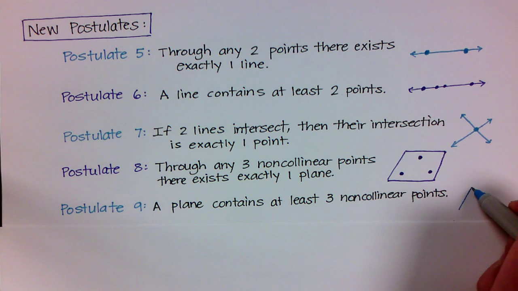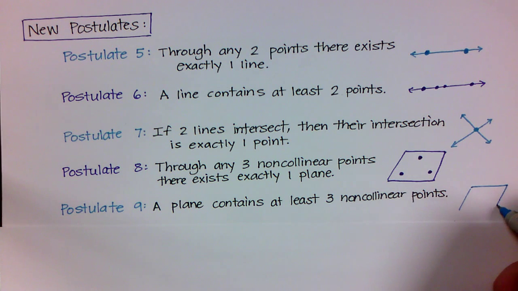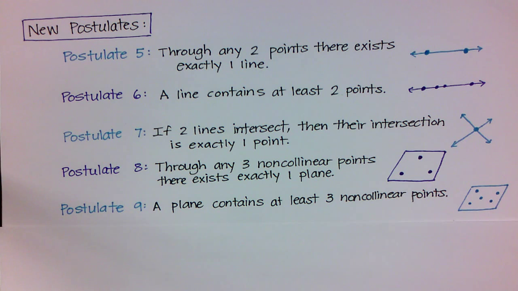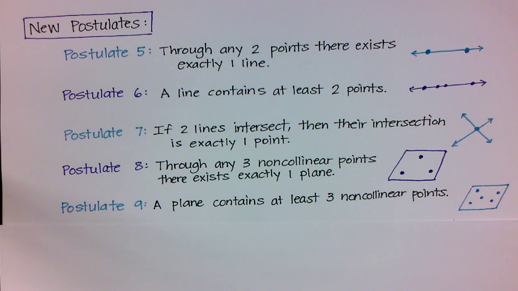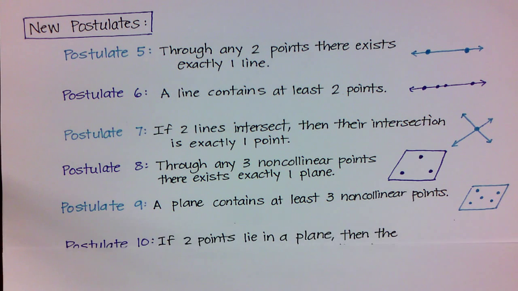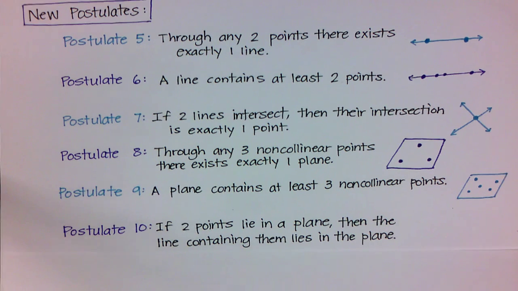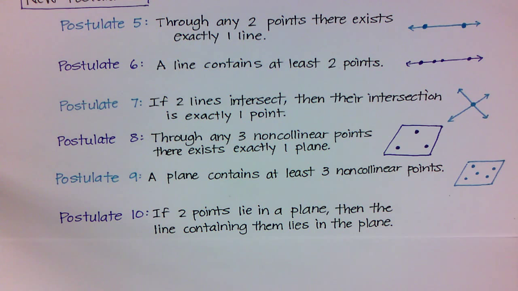Okay. Postulate number 9 says a plane contains at least 3 non-collinear points. So this time I'm kind of going backwards. If I start with a plane, on this plane I can find at least 3 non-collinear points. And I know that I can find much more than just 3. Okay. Postulate 10 says, if 2 points lie in a plane, then the line containing them lies in the plane as well.